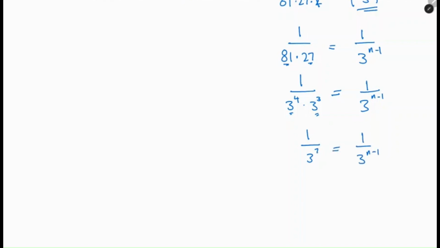So therefore, here we have a third to the power of 7, and this is a third to the power of n minus 1. This is the same base, so therefore the exponents must be equal. So 7 is equal to n minus 1, so therefore n is equal to 8. Okay, so we've got n.